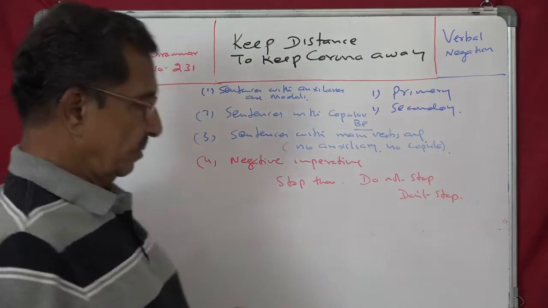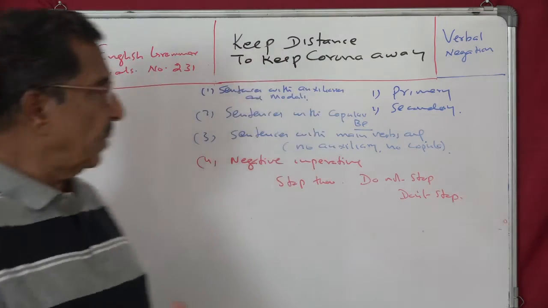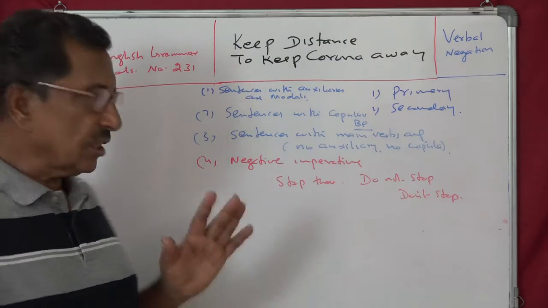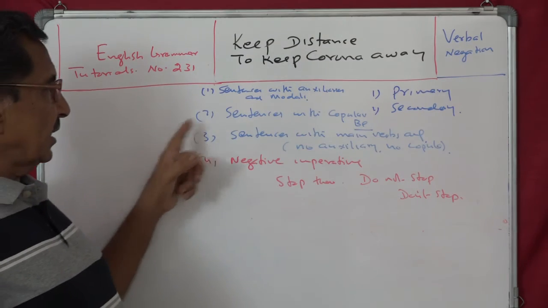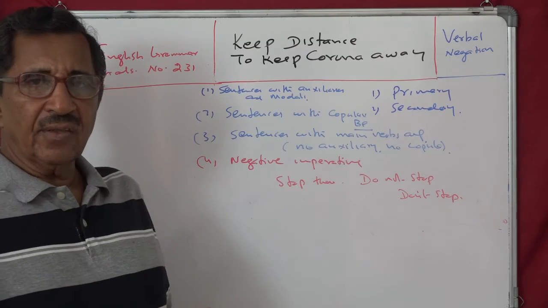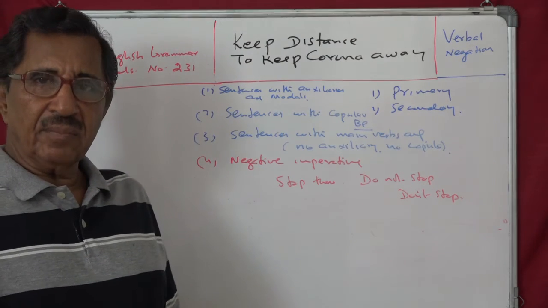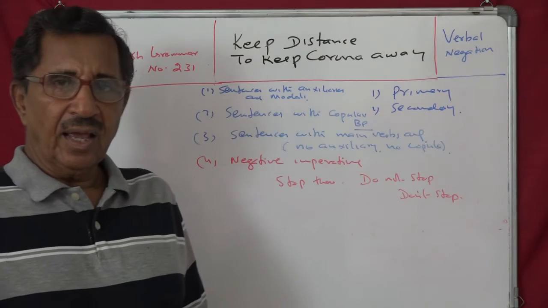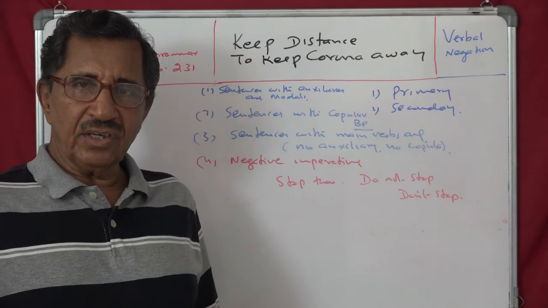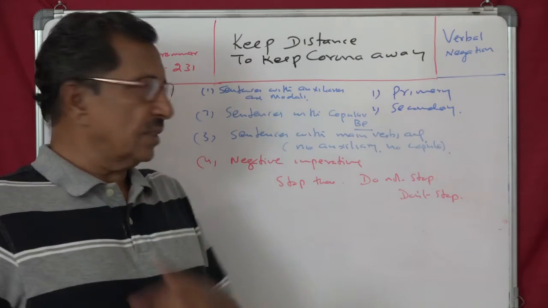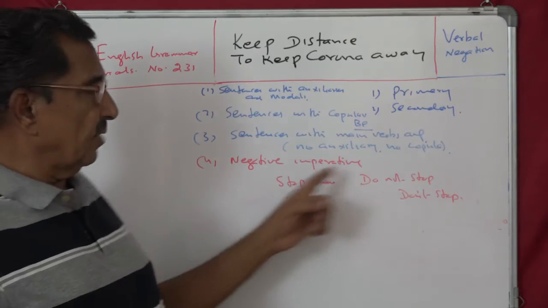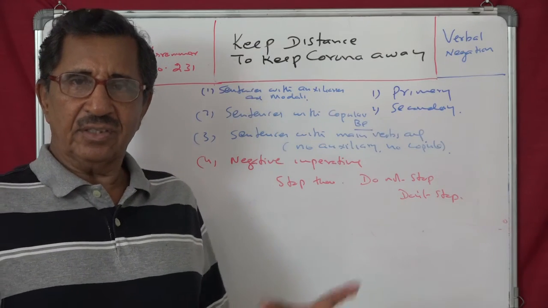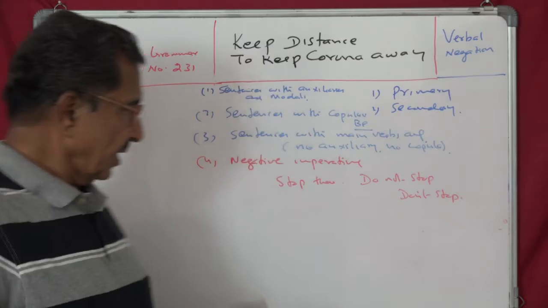So verbal negation takes different forms. Today we have discussed four. One is sentences with auxiliaries and modals: I can come, I cannot come, I can't come. Sentences with the copular be: I am a teacher, I am not a teacher. Sentences with main verbs: I teach, I do not teach, I don't teach.